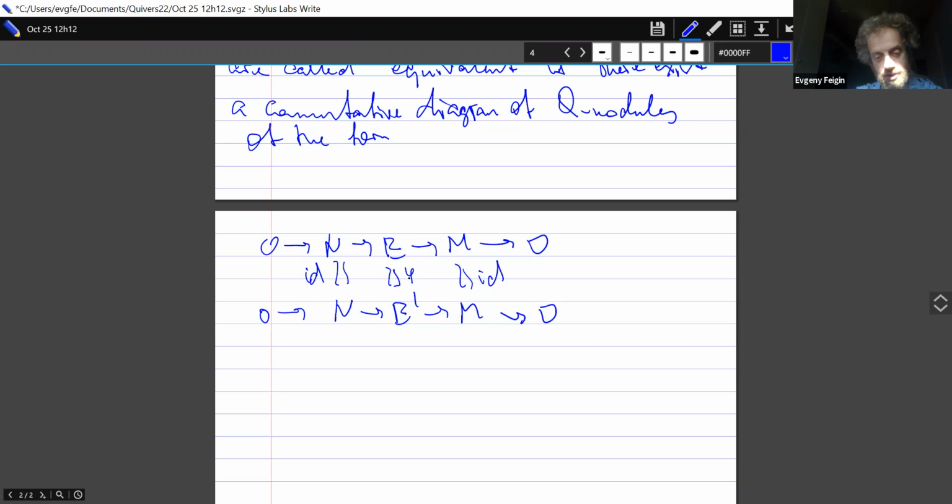Please note that the left and right hand isomorphisms are the identity maps, and the middle term is something. The two extensions which can be incorporated into such a diagram are called equivalent, and otherwise not. And this puts us in the position to make the definition.